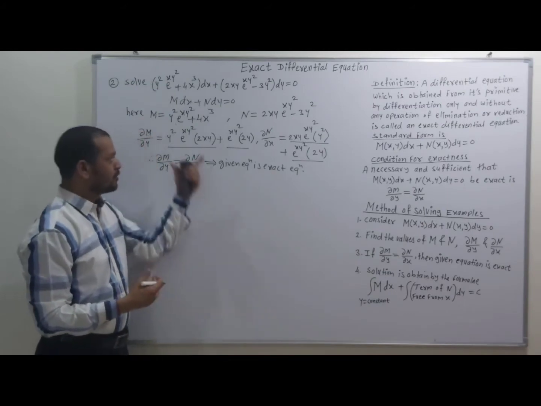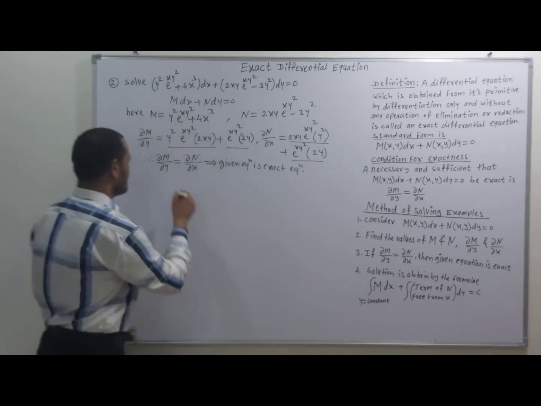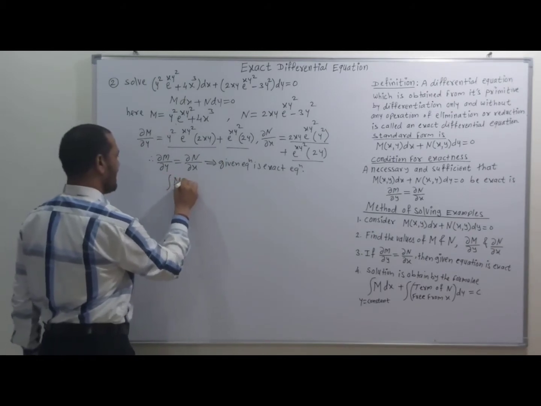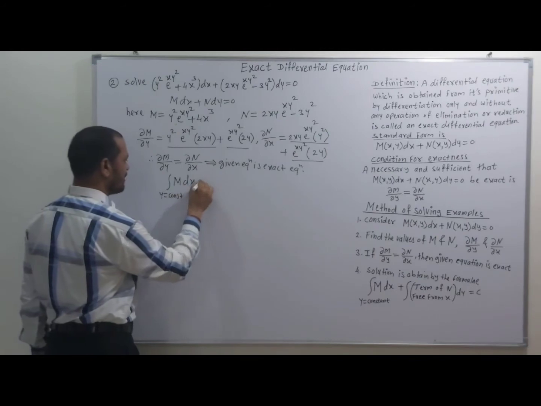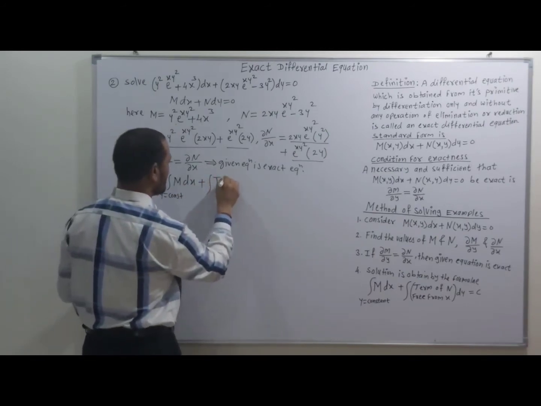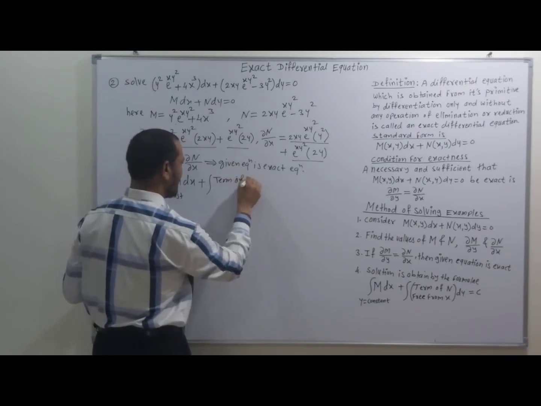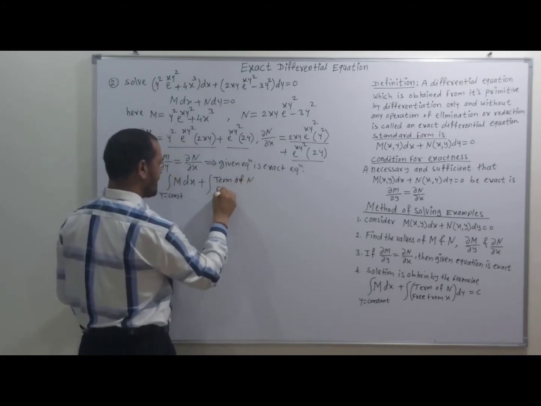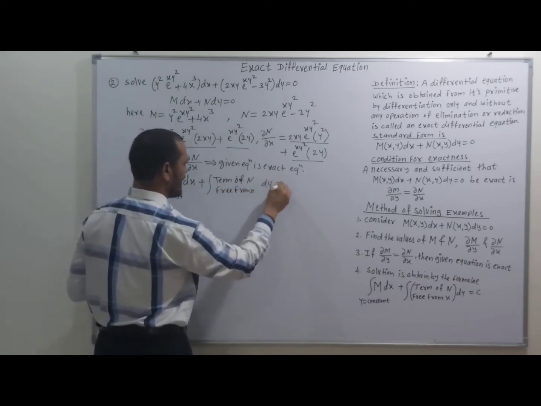Now friends, to get the solution of this equation, apply the step number 4. What the step number 4 says that integral of M dx in the first integration, y is constant, plus second integration of terms in N which are free from x, then dy is equal to c.